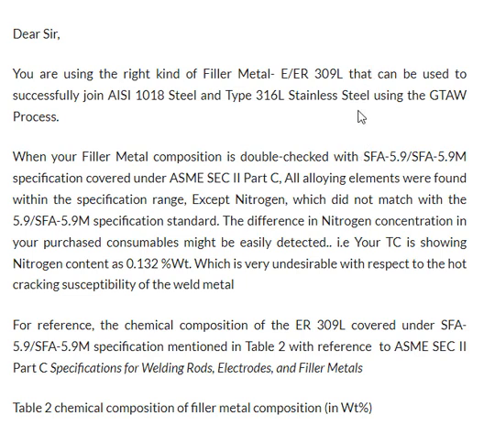When the filler metal composition is double checked with the specification of SFA 5.9 covered under ASME Section 2 Part C, all elements were found to be in the specification range except nitrogen, which did not match with the 5.9 specification standard. The difference in nitrogen concentration in purchased consumables might be easily detected.